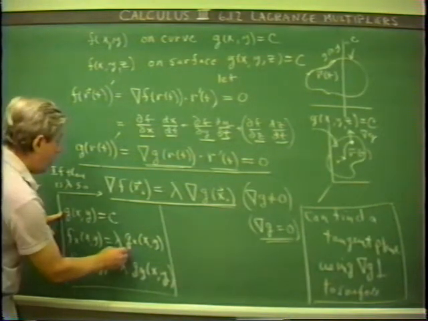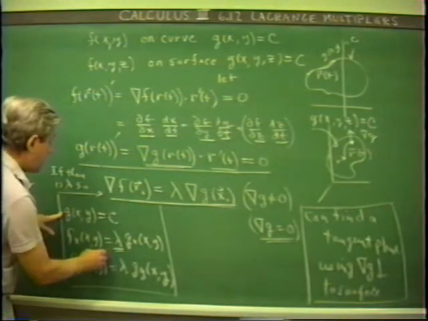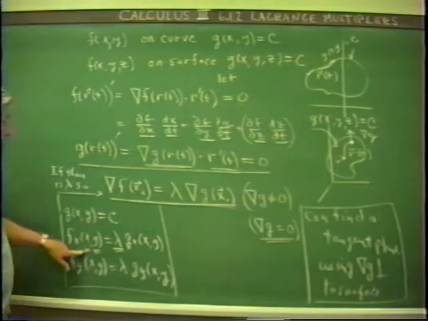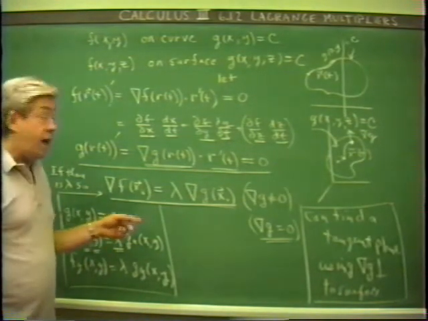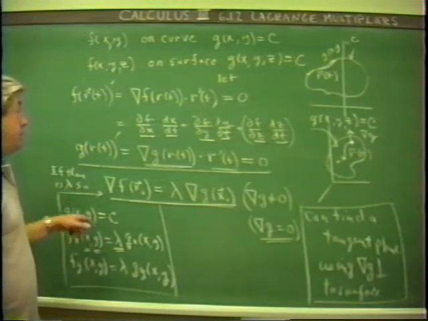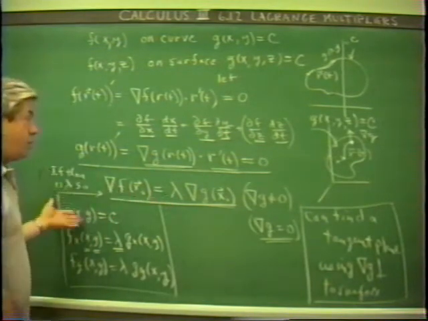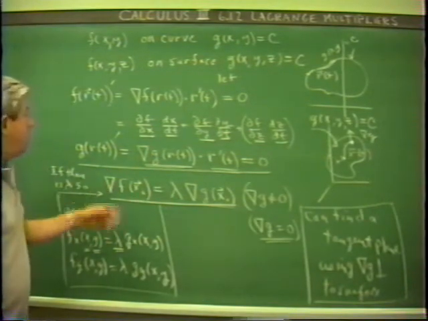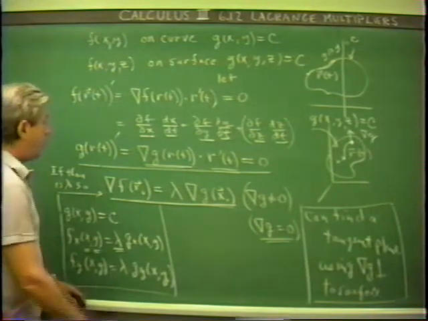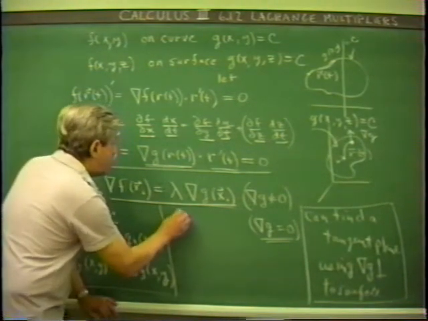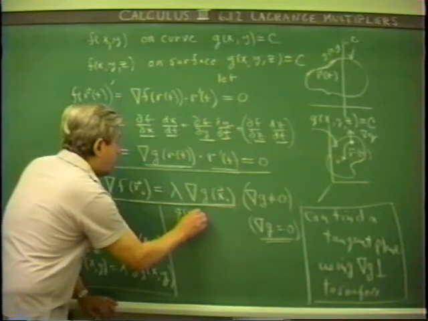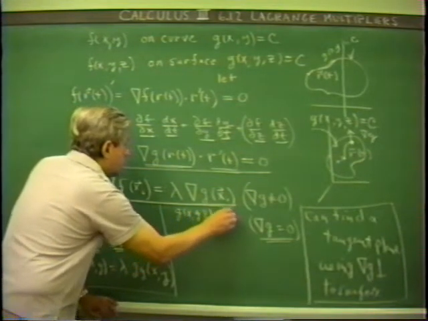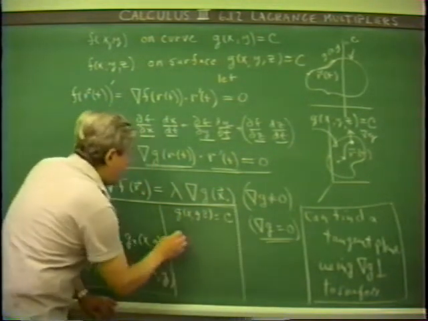That's to say, in this case here, on a curve, we've got three equations and three unknowns. C is supposedly known, so what we've got for unknowns are lambda, x, and y. If we can solve these for lambda, x, and y, we get the candidates for maxima and minima along this surface. Whichever value is largest is the maximum, whichever is smallest is the minimum.